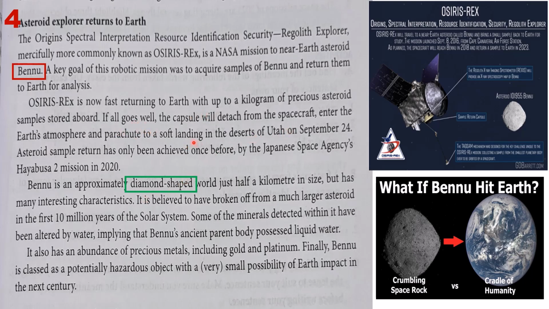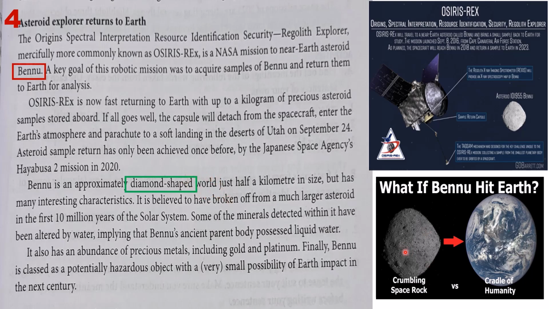Actually, at the time of writing of this essay, they said that it is fast returning, but it has already come back, students. It came back, and it brought the asteroid sample also. And the first asteroid sample was brought by the Japanese, it seems. So Bennu is an approximately diamond-shaped world. Why do they call it a world? Because even our Earth is made of rock and soil.